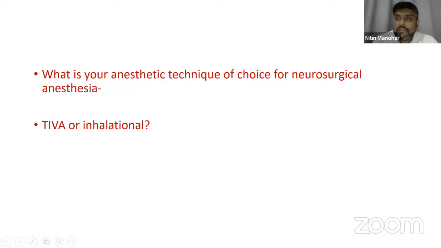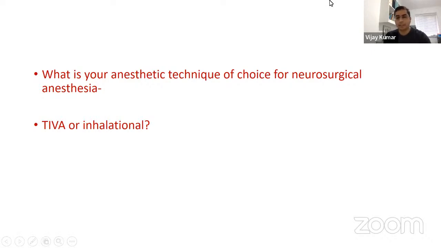The first discussion I thought we should have is regarding what anesthetic technique you use, whether you use TIVA or inhalational agents. Dr. Vijay, can you take this? What do you do in your practice when you anesthetize neurosurgical patients? It depends on a lot of factors.